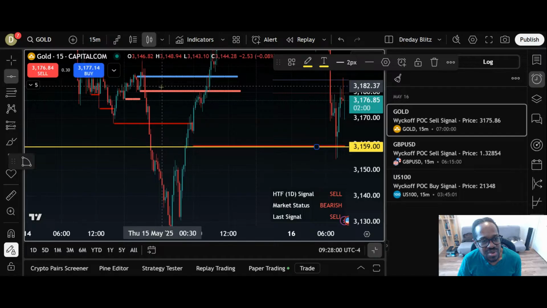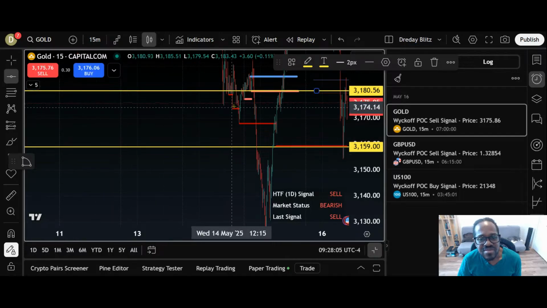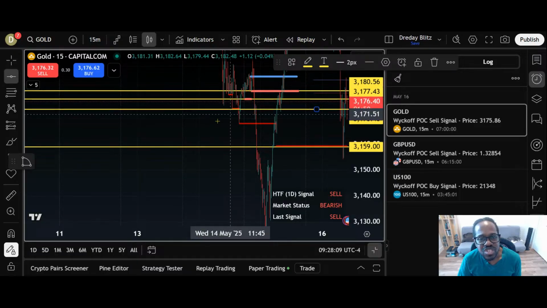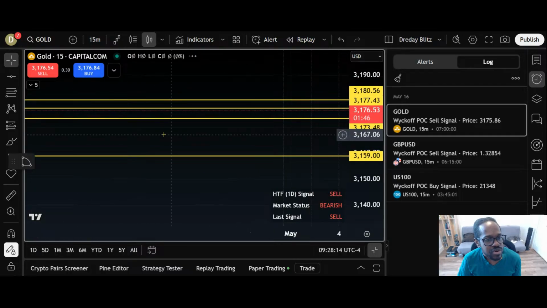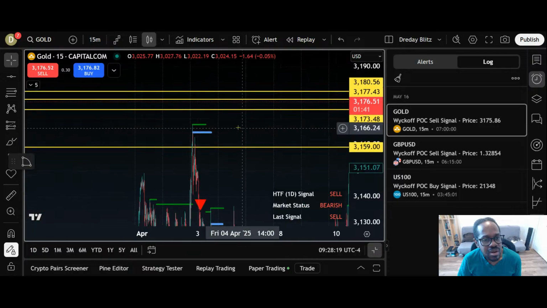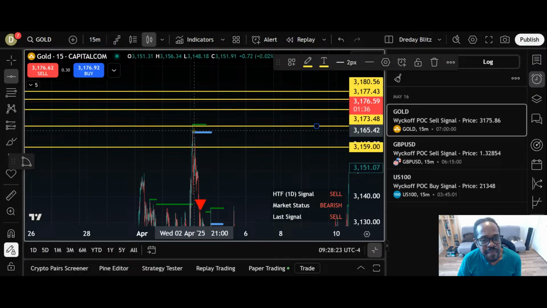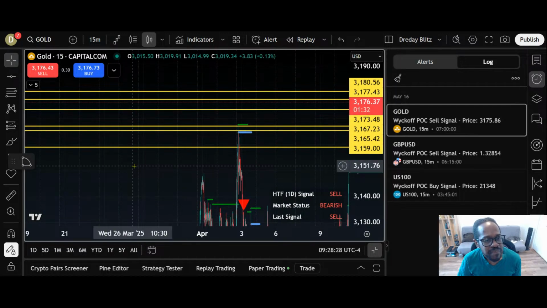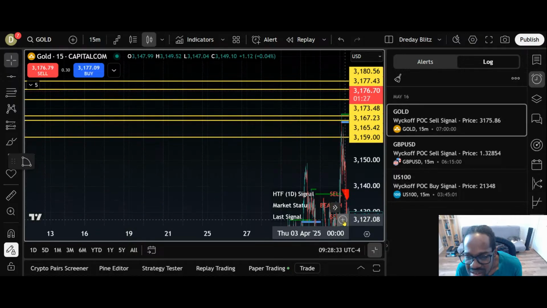I'm gonna see exactly where I would have plotted my stop loss. I'm always putting multiple lines just to see exactly which level would be most important for me to look for. Yeah, I think that's okay.